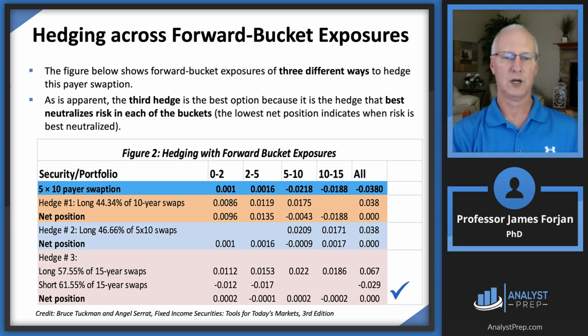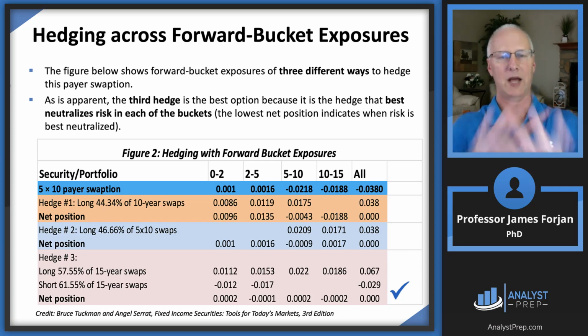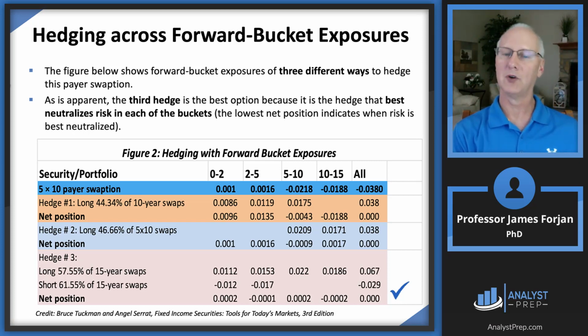In hedge 2, we're going to use the 5x10 swap. And in hedge 3, we're going to combine the 15-year swaps. So imagine we've got this swaption, and we're going to hedge with swap contracts. At least from a big picture sense, I think we can all agree that those are okay.